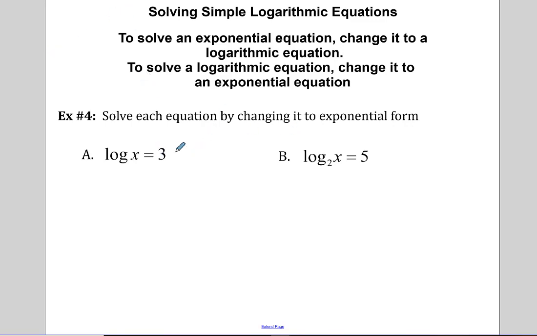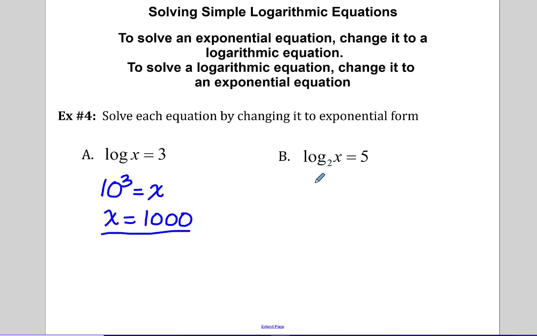Same thing again, if I have an equation this time to solve an exponential equation, we can change it to a log equation, and to solve a log equation, we can change it to an exponential equation. So I have a log equation, I know the base is 10, and I know 10 to the third power is going to be my number, so my number must be 1000.